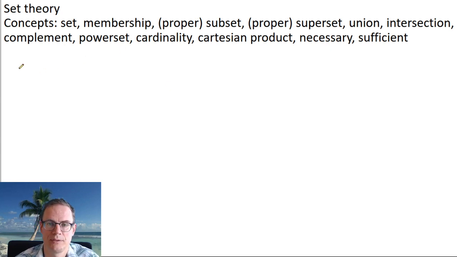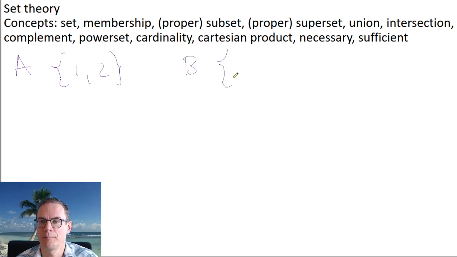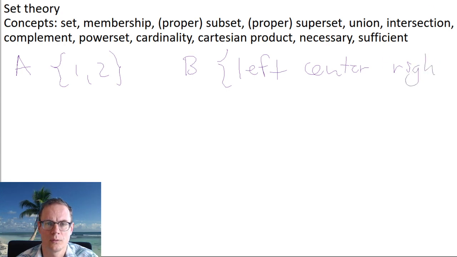Okay, so then we have the Cartesian product of two sets. This is basically a set of ordered pairs. So let me take an example. Suppose A equals 1 and 2, and B is left, center, and right.